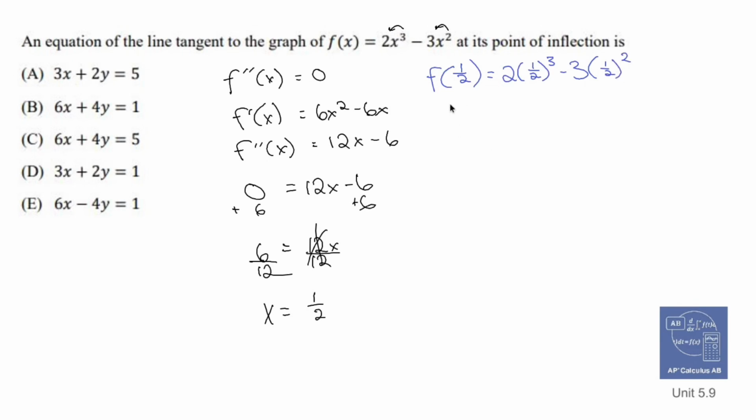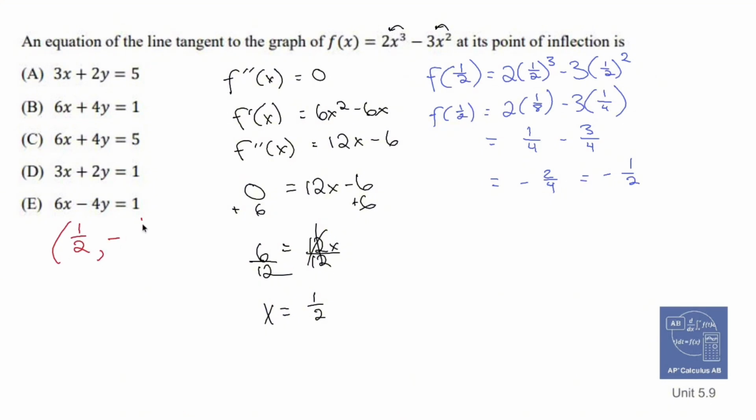That's 2 times 1/8, which is a quarter, minus 3 times a fourth, which is 3/4. A quarter minus 3/4 is negative 2/4, which is negative a half.